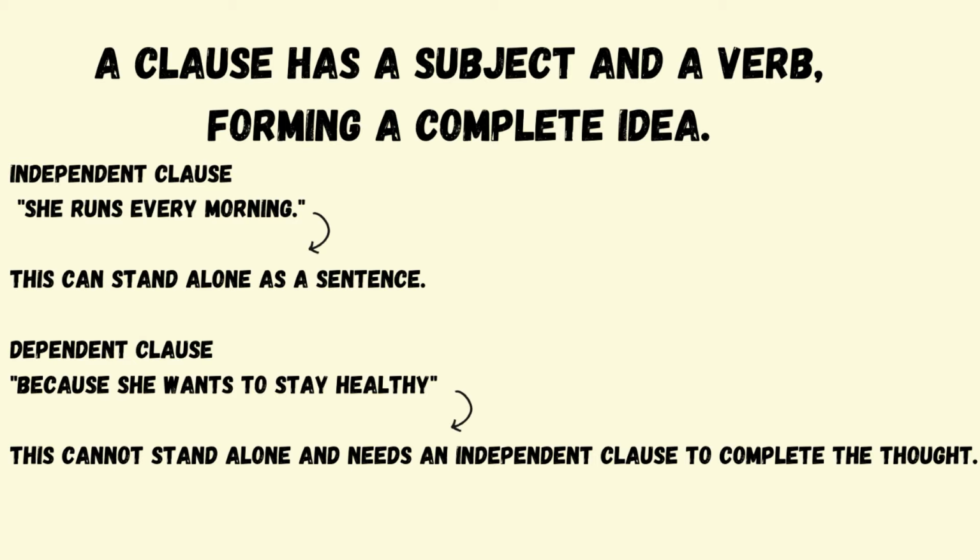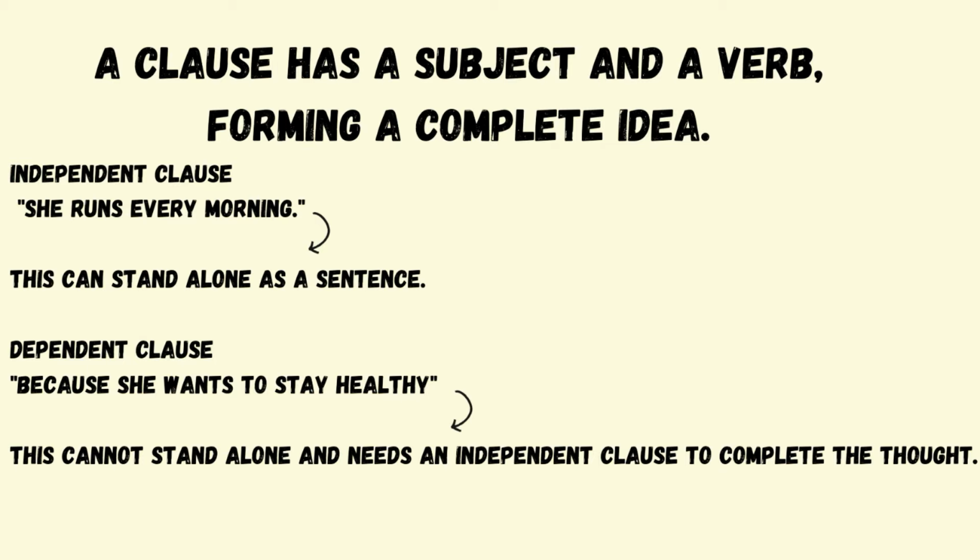When we combine the examples together, it becomes she runs every morning because she wants to stay healthy. This is considered a complex sentence, having two types of clause in it, independent clause and dependent clause.